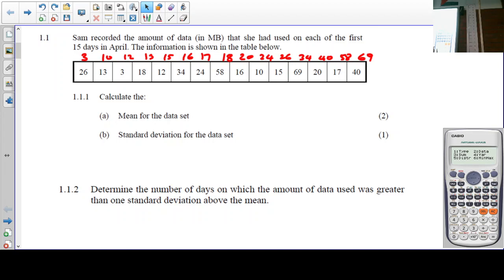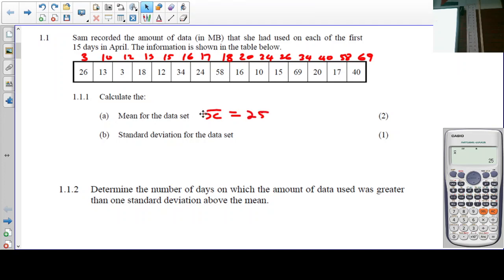Thereafter, we want the variance, so we press number 4. Number 1 tells us the number of entries we have entered. If you press number 1, you should get 15. Number 2 is your mean, and number 3 is your standard deviation. So you press 2 equals, so your mean is 25. You get the same value for your mean. 25 is correct.